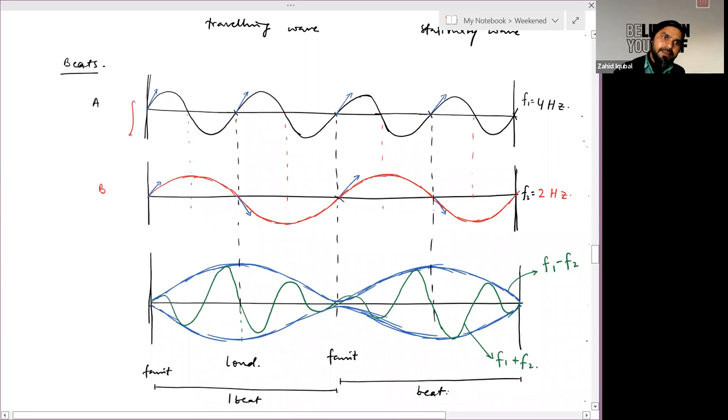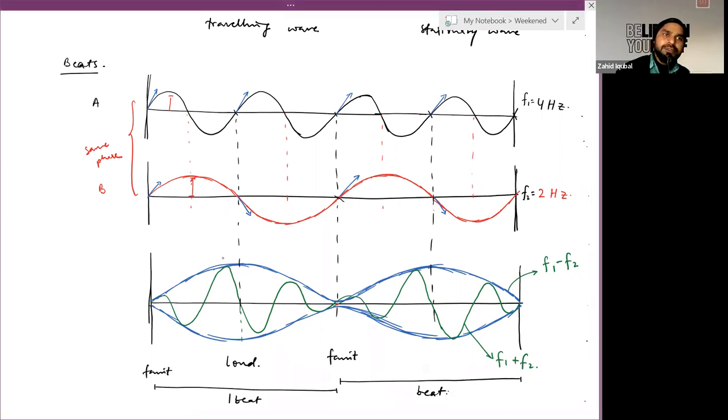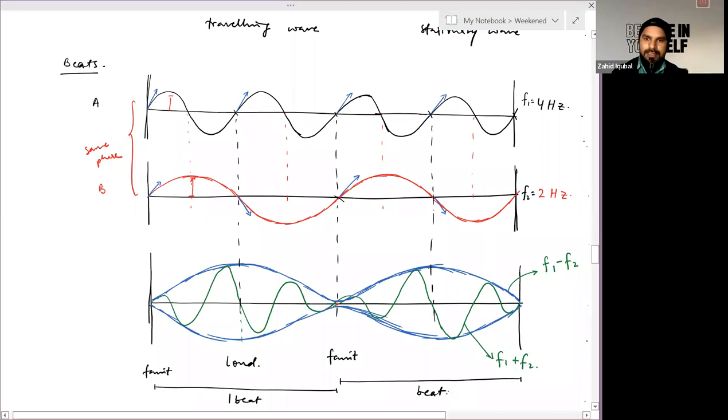So we can say these two waves are in same phase. And if amplitude of this part and amplitude of this part will be equal, so they will overlap on each other, producing maximum sound at loud point and minimum or zero sound at this faint point. That's why amplitude should be equal for these two waves. Mamuna, is it clear? Yes, sir.